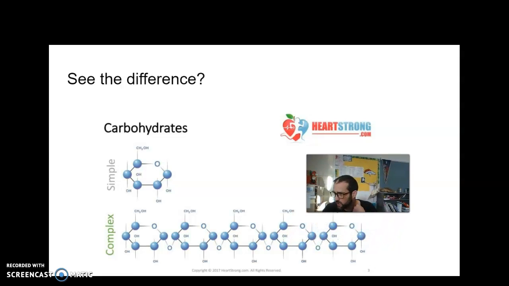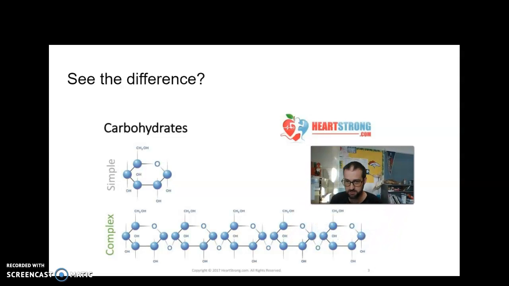So I got this off the internet for you. Boy, if you search this stuff, there are just so many different visuals. So I tried to find you one that's fairly easy to look at. So I like over here on the left, it says simple. So here you can see your oxygens, hydrogens. These blue spheres in the center, those are going to represent carbons.